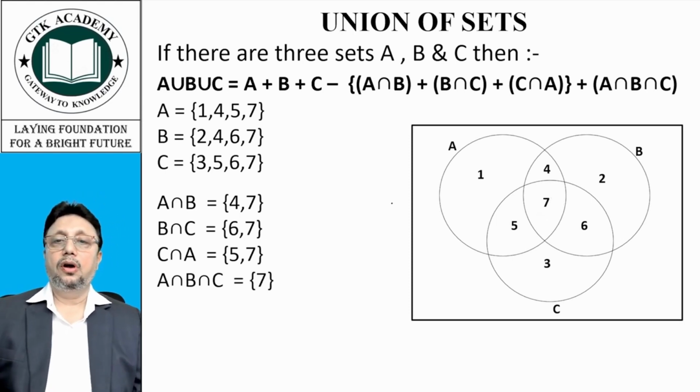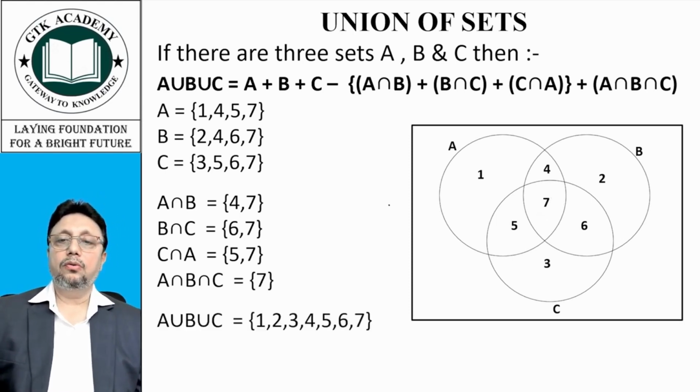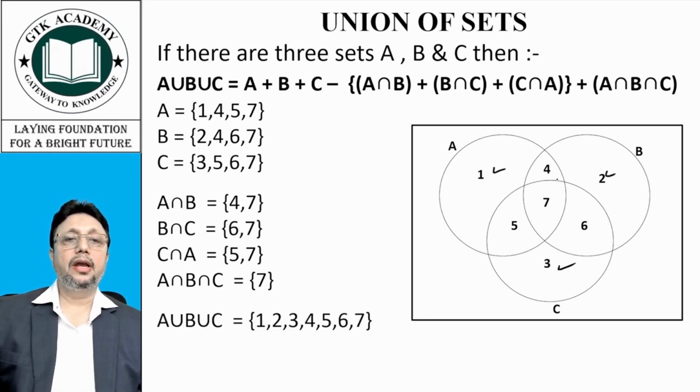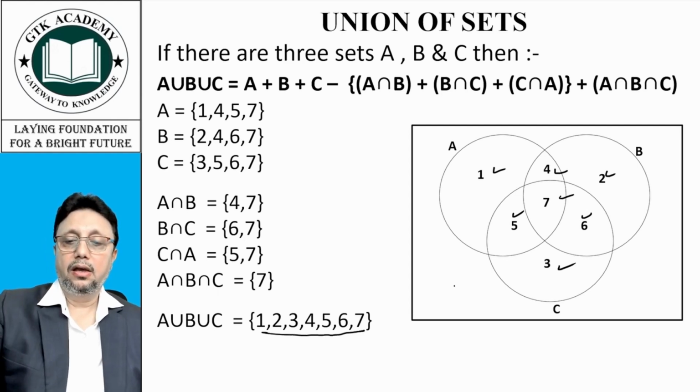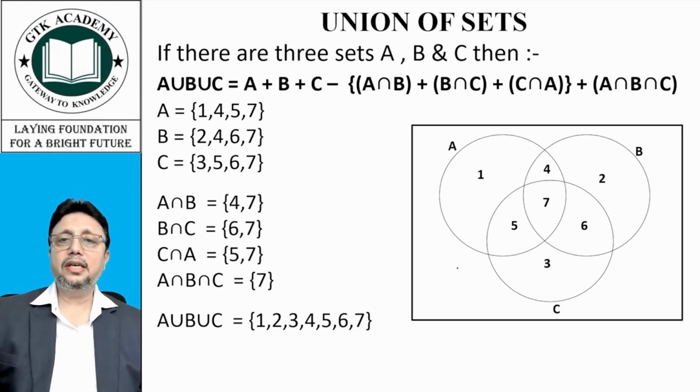Now if you take A union B union C, you will take 1, 2, 3, 4, 5, 6, 7. This will be A union B union C. Now the formula says we have to add all of them.